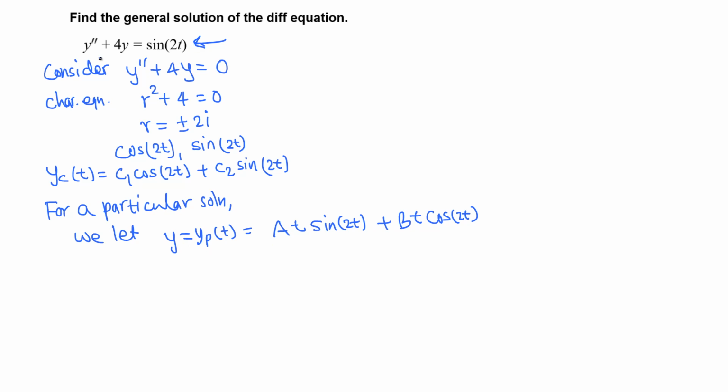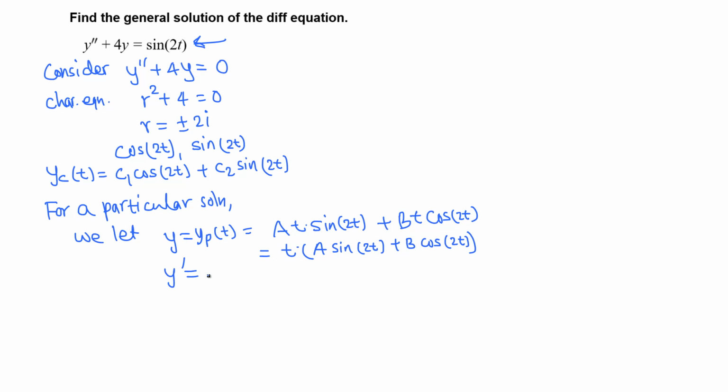Look at here, we have to find y double prime. So let's find y double prime and plug it in. So y prime is a product, so we need to use the product rule. We could rewrite this by factoring t out, so this is t times a sine 2t plus b cosine 2t. Now when we find the derivative, it's a product rule.